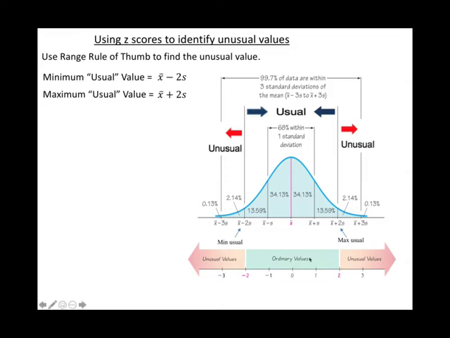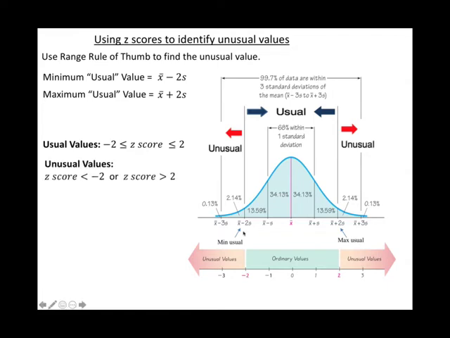So think about it. By the range rule of thumb, the mean minus 2 standard deviations is called the minimum usual. And this is the same definition for the z-score here, right? You have 2 standard deviations below the mean, so the z-score is going to be equal to negative 2. If your z-score is between negative 2 and positive 2, just like this, then you know the value of x will be a usual value.